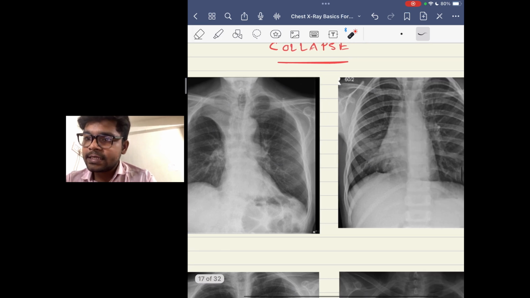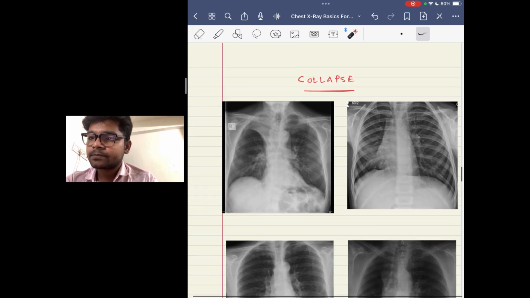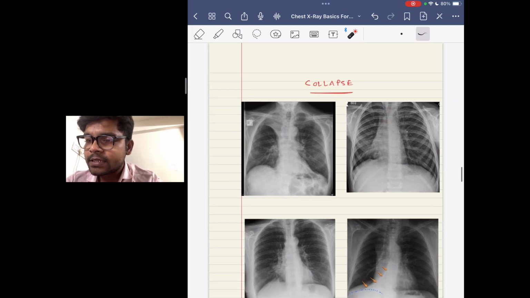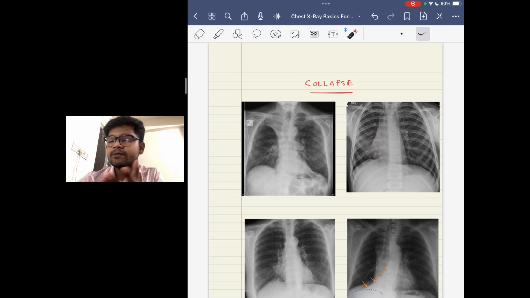Right. See this X-ray. What do you see? The right heart border. Where is the right heart border? I cannot see it. The trachea is pulled, right? There is opacity here. Where is the right heart border? We cannot see it, but the diaphragmatic border can be seen to some extent.